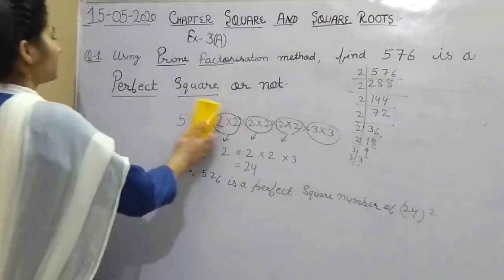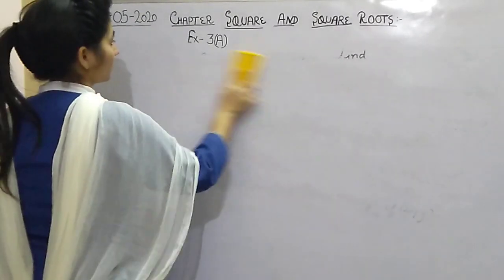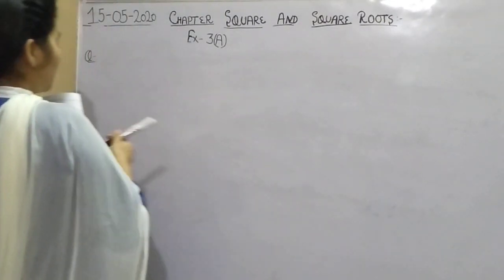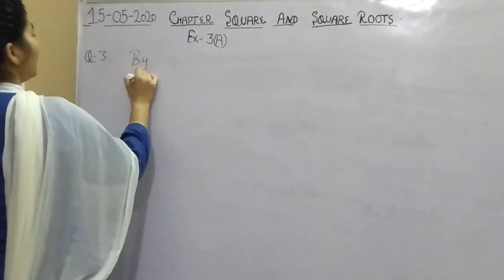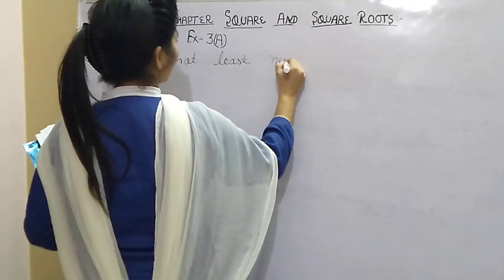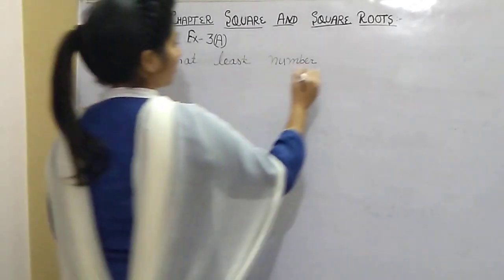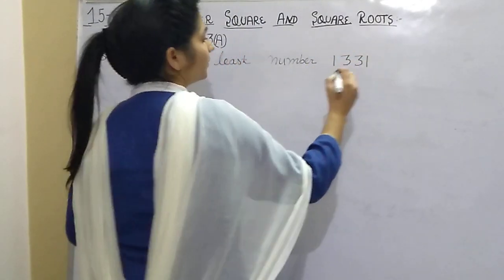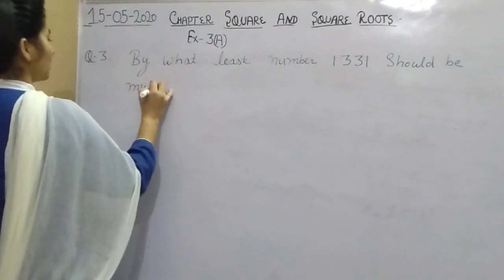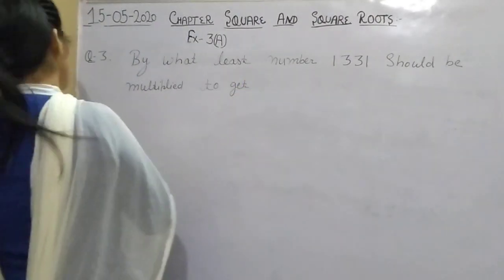Now coming to the next question, question number 3: by what least number should 1331 be multiplied to get a perfect square number?